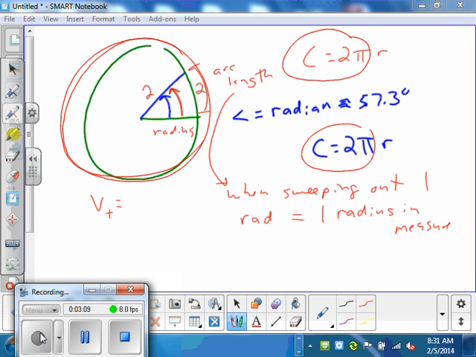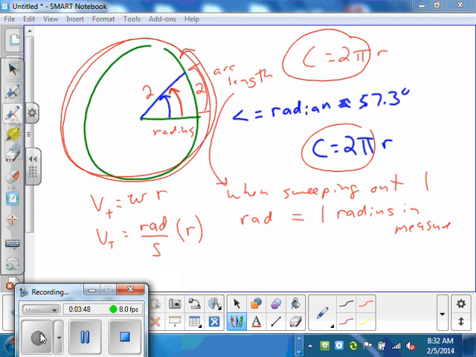So when we have a constant speed, does it make sense that if we multiply our angular velocity, which is in rads per second, by the radius, we would get meters per second?